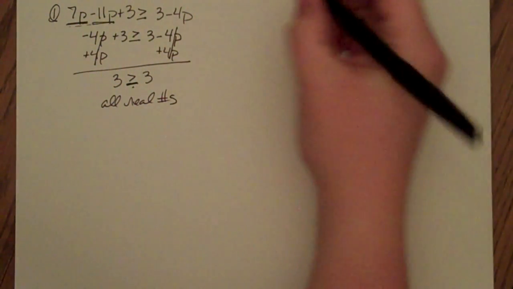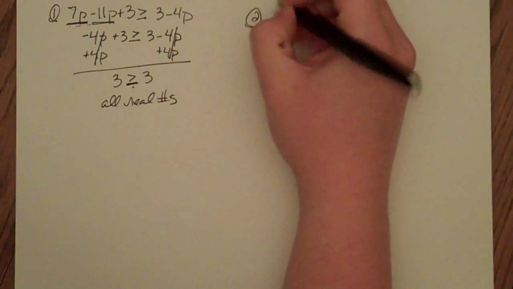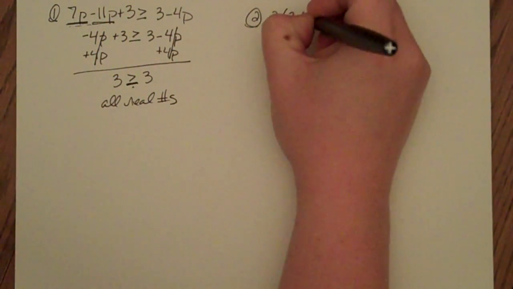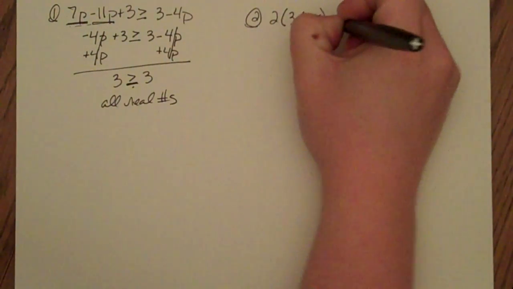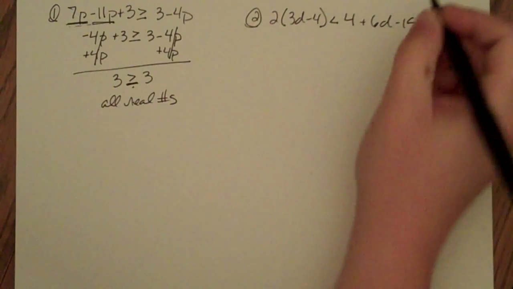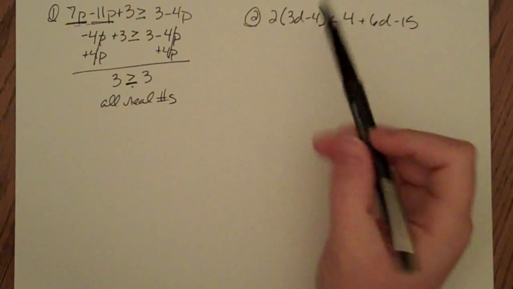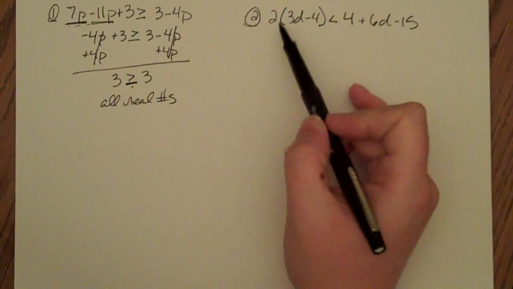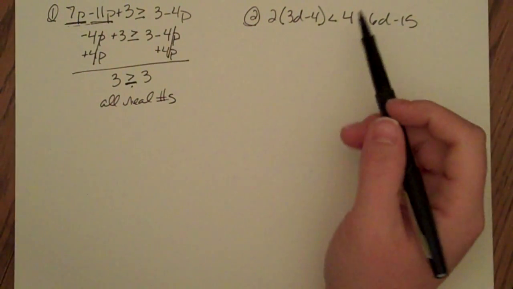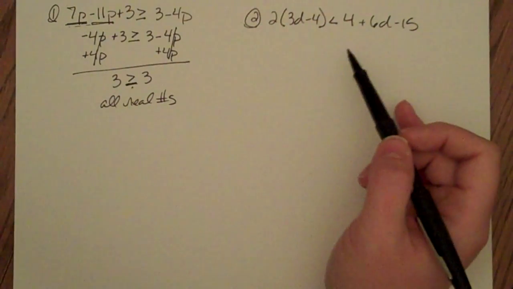Let's take a look at another one. We have 2 times the quantity 3d minus 4 is less than 4 plus 6d minus 15. Now, when we look at this over on the left-hand side, we have a 2 being multiplied by a quantity in parentheses.